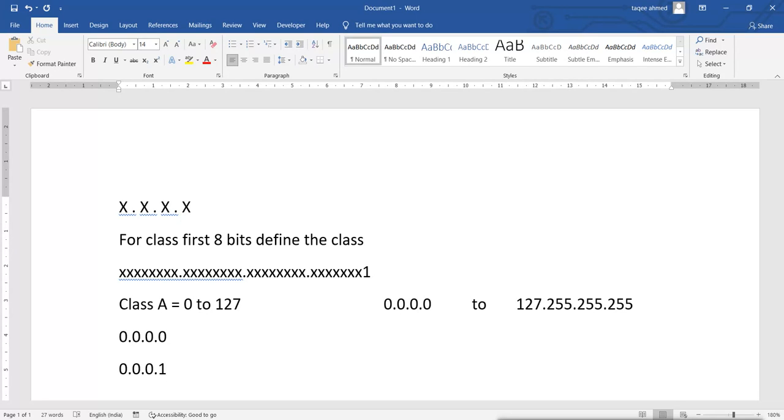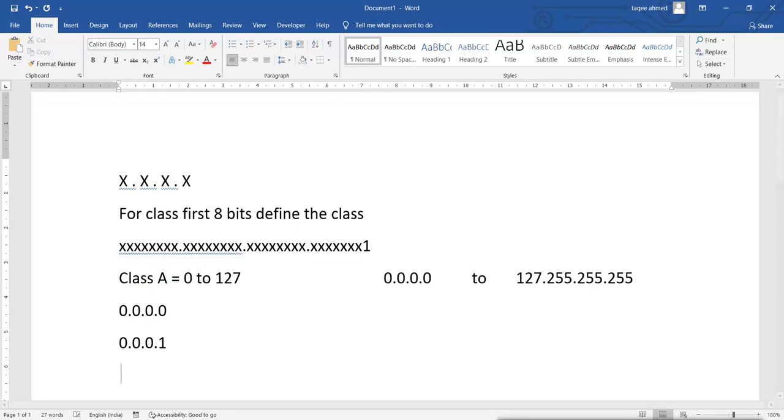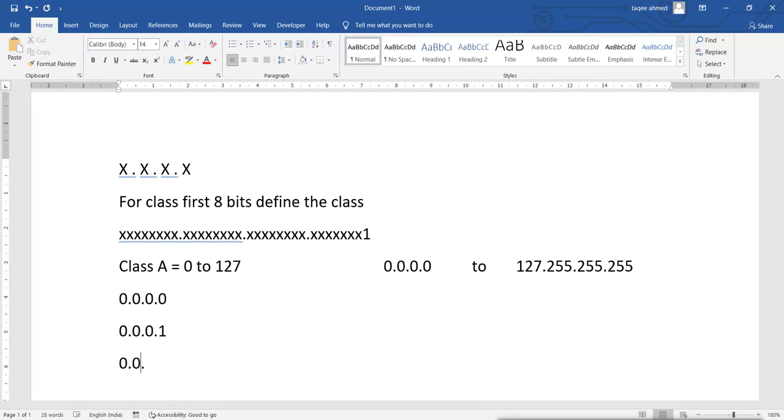Then your next bit will get enabled, then that bit, then the next bit. When all the bits are enabled one by one, you will get 0.0.0.255. That is the total of all these bits.